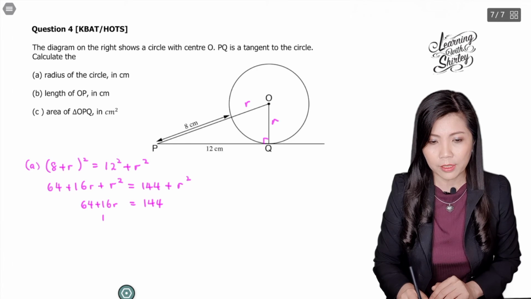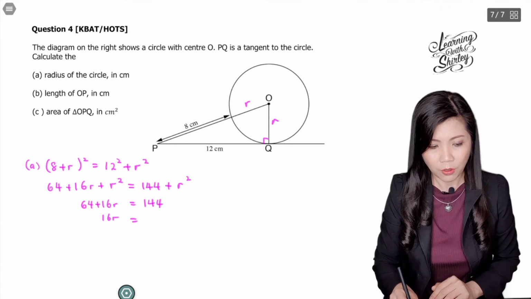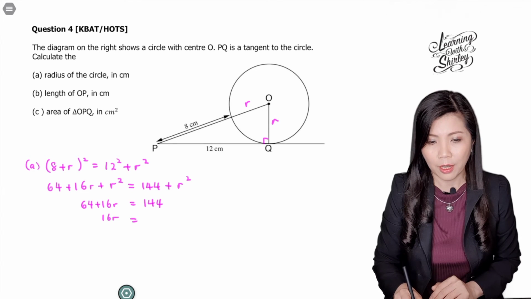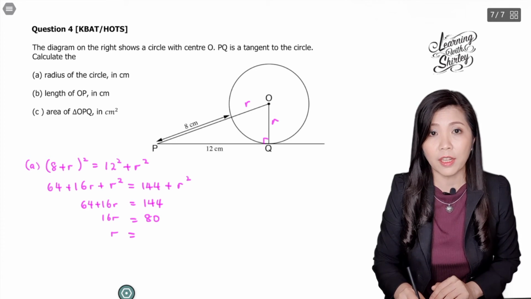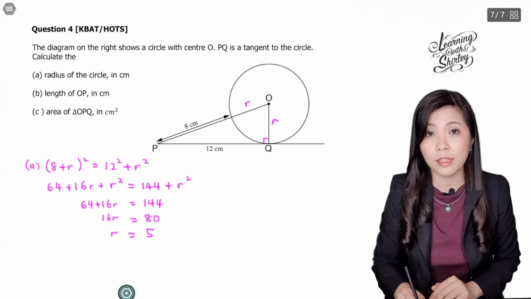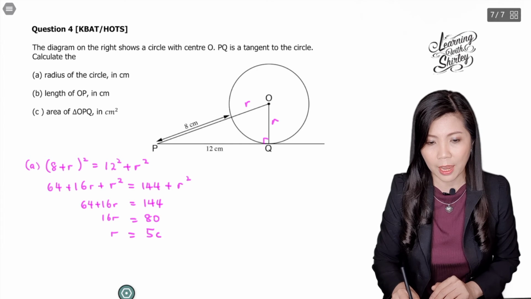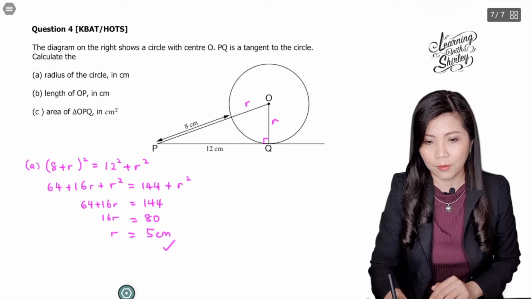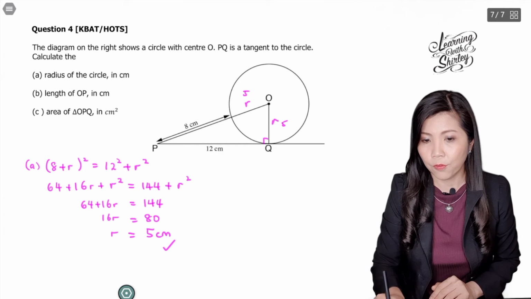So to find 16R, I'm going to use 144 minus 64, I will get 80. To find R, I'm going to use 80 divided by 16, so I will get 5. So therefore R is 5 cm. So this is 5, this is also 5.